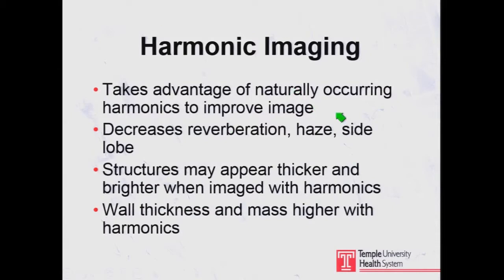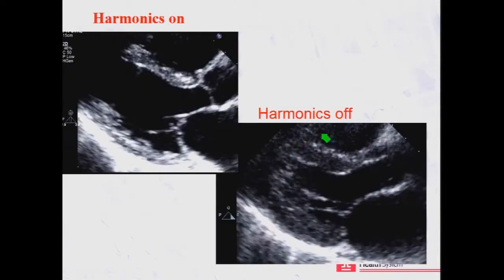Now, harmonic imaging takes advantage of naturally occurring harmonics to improve the image. I'll leave it to Dr. Edelman to explain why and how it happens, but it decreases reverberation, haze, and side lobe artifacts. But structures may appear thicker and brighter when imaged with harmonics, and wall thickness and mass are slightly higher with harmonics on.